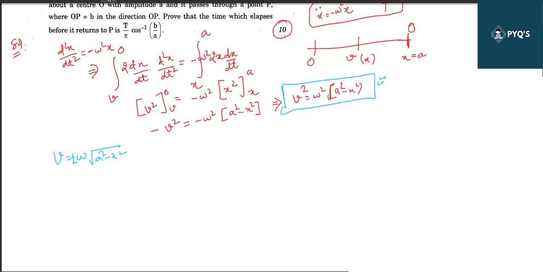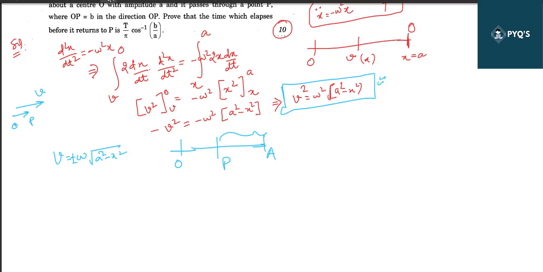Now it is saying that the velocity is in the direction of OP. So the distance is OP and the velocity is also in the same direction. We are calculating from above: this is O, this is P, this is A. We are calculating the distance from here to here.